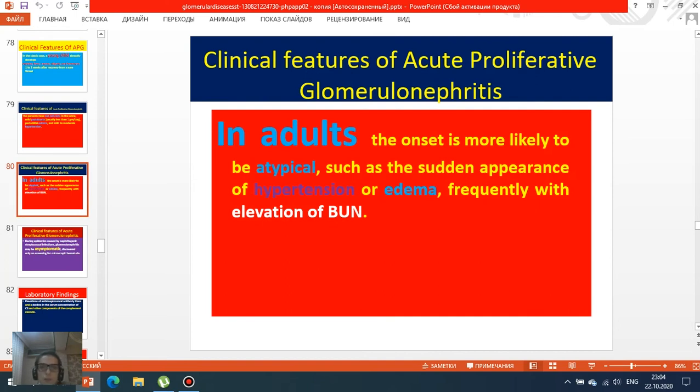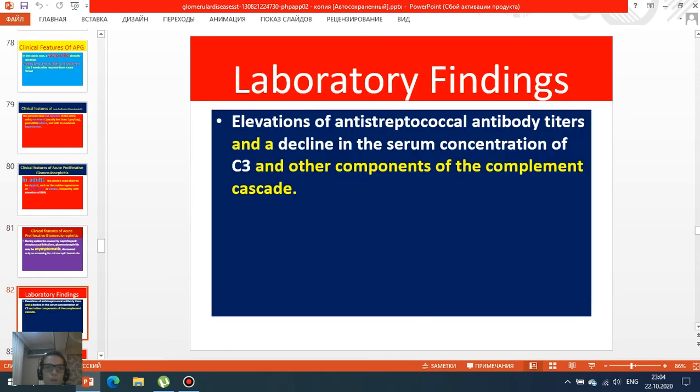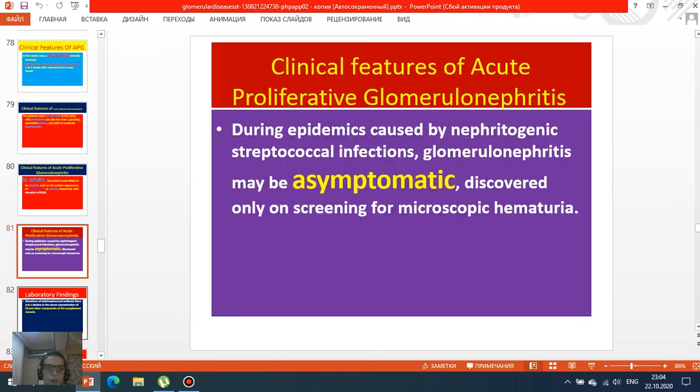Clinical features of acute post-streptococcal glomerulonephritis in adults. The onset is more likely to be atypical, such as the sudden appearance of hypertension or edema, frequently with elevation of BUN.